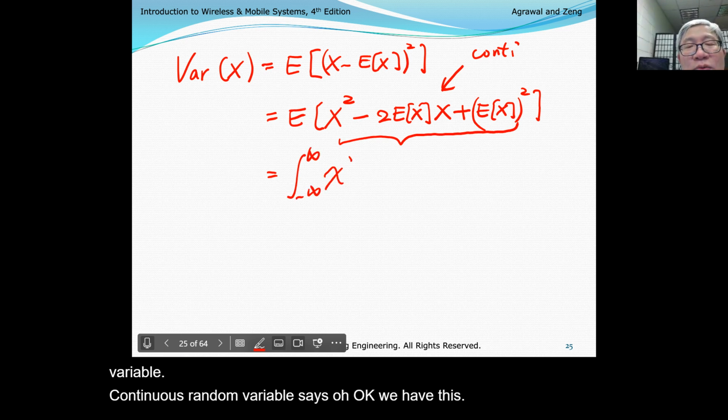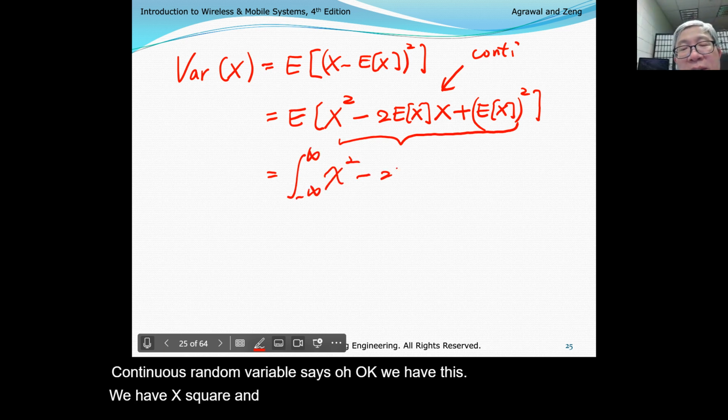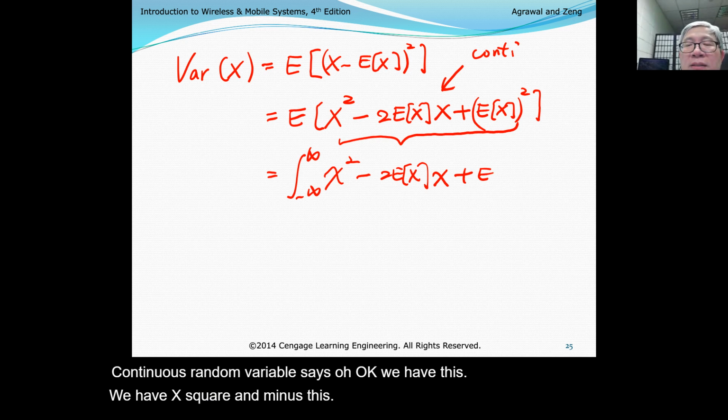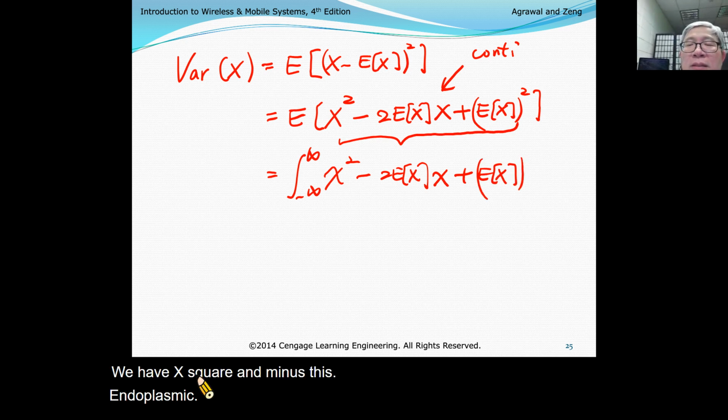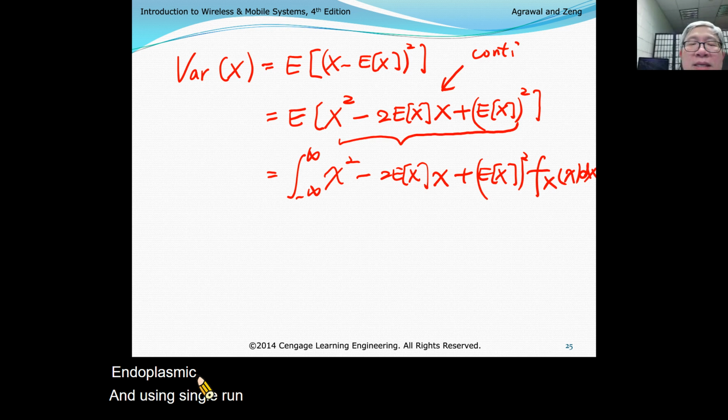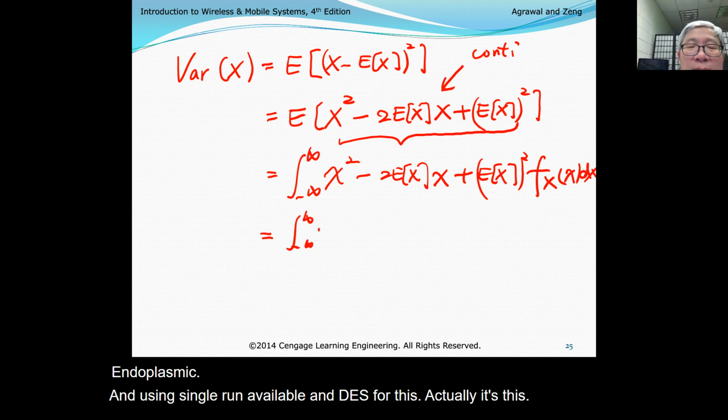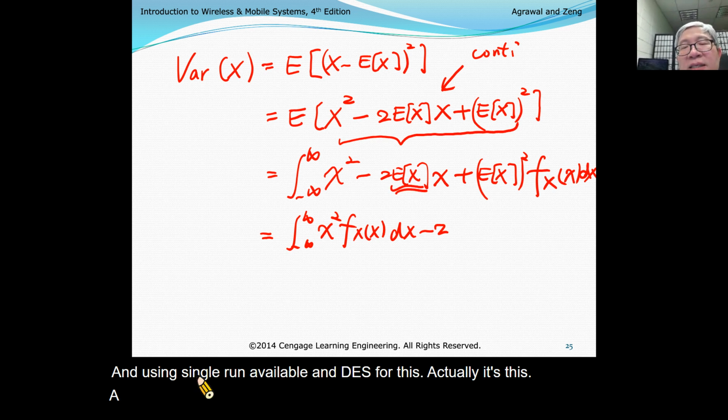We have x squared and minus this, and plus this, using a single random variable and dx. So this actually is this. All right, and minus this. And in fact, this is a constant, so we can move it to the outside.